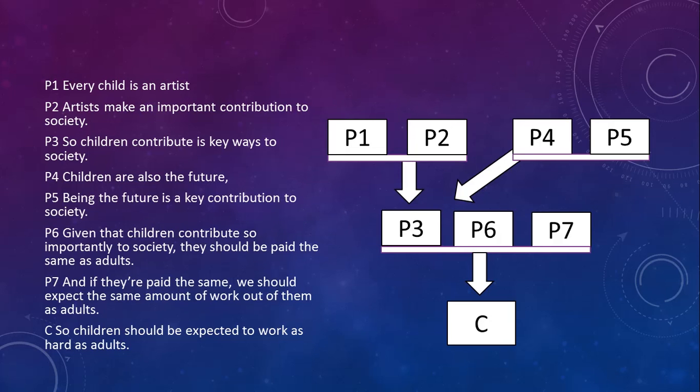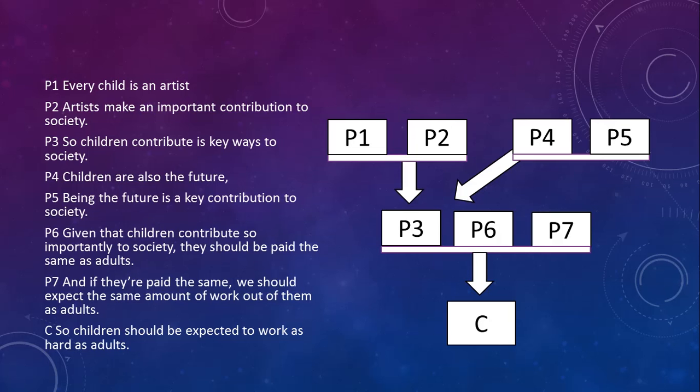I'm gonna think about this more. Currently I don't think so, but I think I should think about it harder. I'm not fully possessed of my wits at the moment. I can see how the puzzle piece thing works for it. But then also you could say that given that children contribute to society, they should be paid the same as adults.